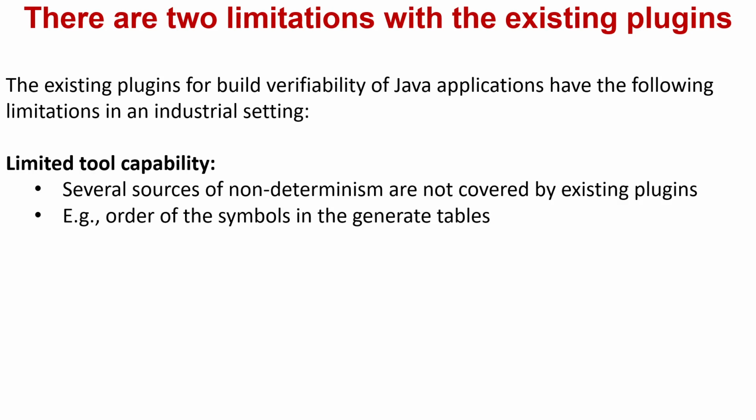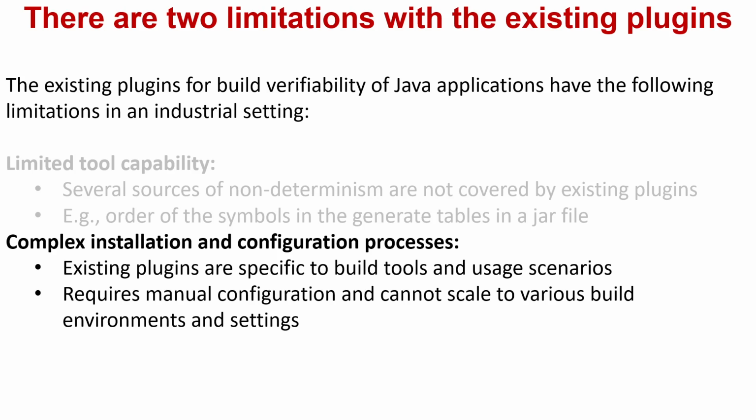Although the existence of plugins is a promising direction towards build verifiability of Java-based systems, these tools still impose limitations, particularly for industrial and large-scale applications. The first limitation refers to the inability of these plugins to deal with certain sources of non-determinism, such as a non-deterministic order of the symbol table of class files.